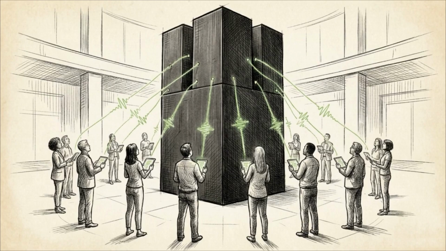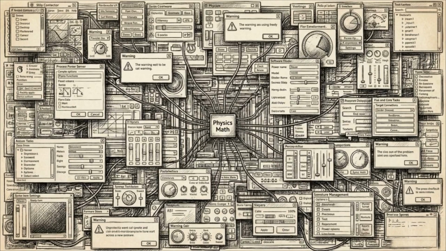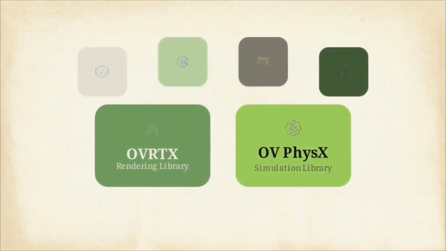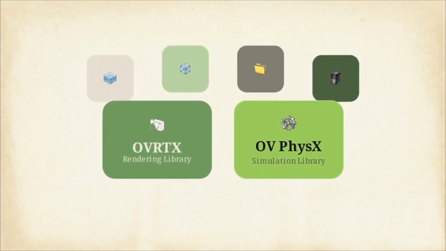Now that the data structure is solved, we have to look at how heavy compute operations are actually executed. Historically, running a complex background simulation meant loading a 20 GB game engine editor interface just to access its physical calculation. Omniverse addresses this through the complete unbundling of the game engine into modular standalone libraries.